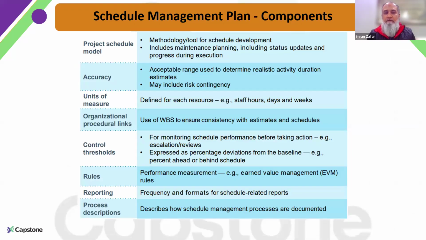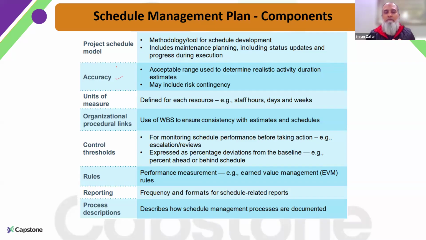So these will be the few components of our schedule management plan, like what methodology we will be using, like critical path method or maybe some other methodologies. What could be the accuracy, how much deviation is acceptable, because obviously we cannot predict, or we cannot be 100% sure about anything related to schedule.